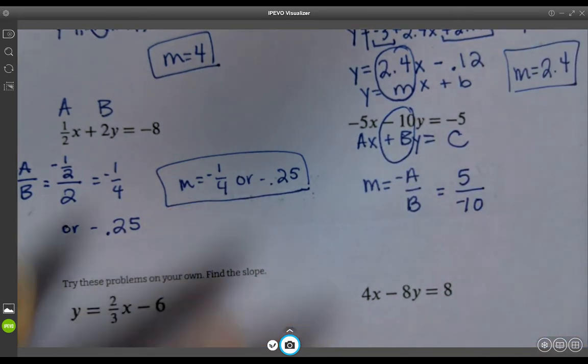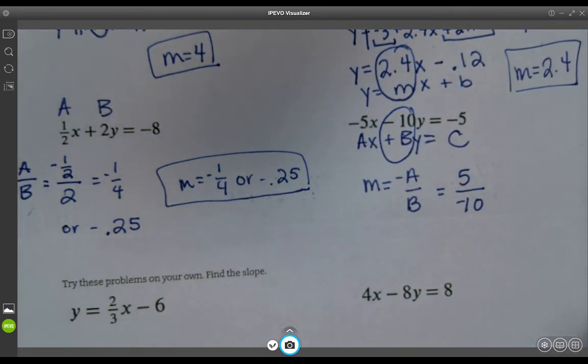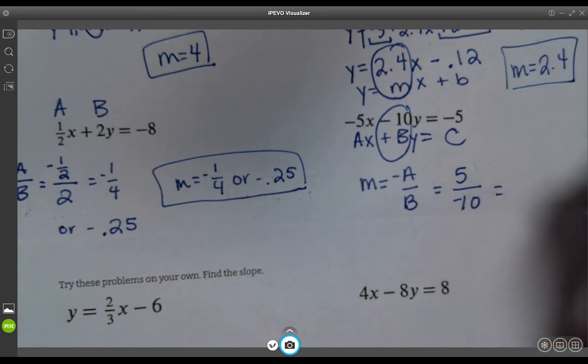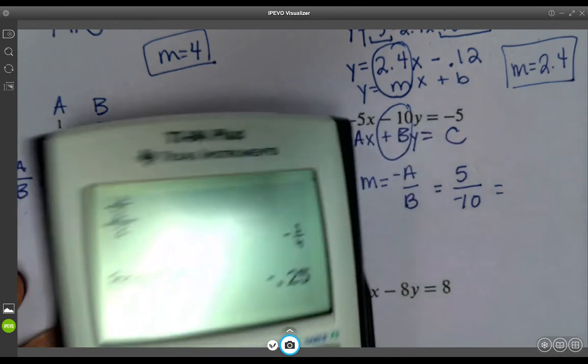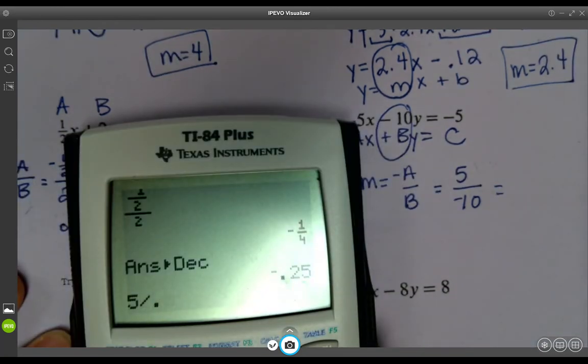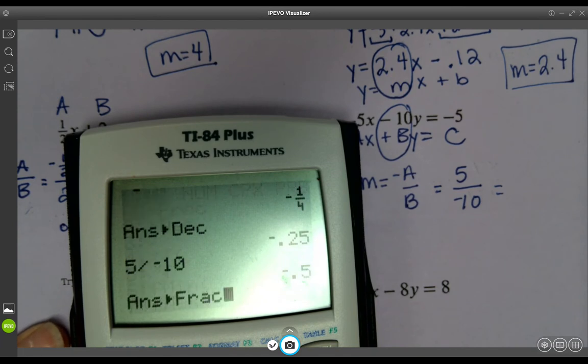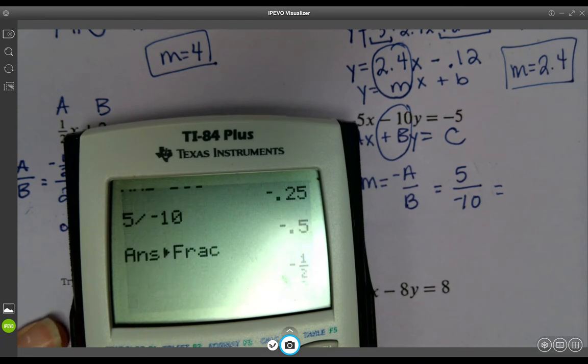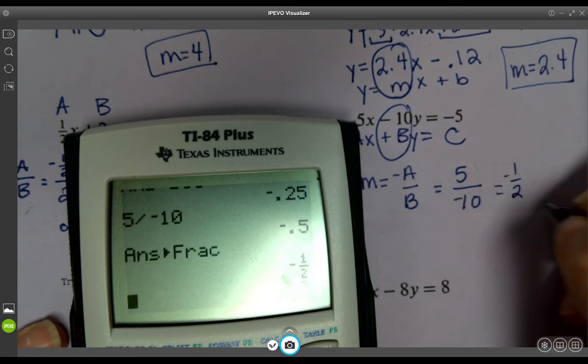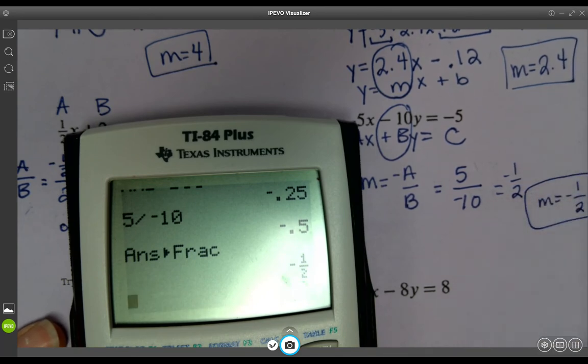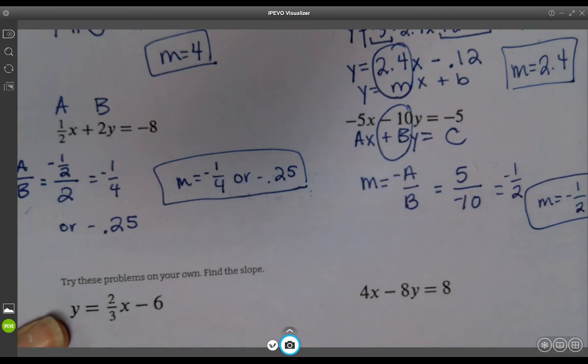That's a negative 10. Even though it says minus 10, negative and minus you can use interchangeably. So 5 over negative 10, you can just put that in the calculator, have it reduce. We could put it as a decimal or as a fraction. Negative 1 over 2. So m equals negative 1 over 2, or negative 0.5. Either answer would be correct.